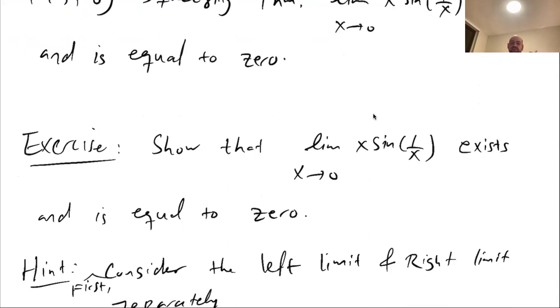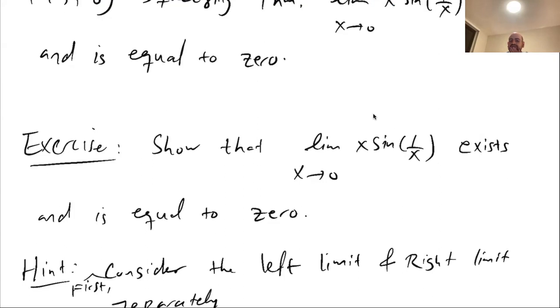So x could be either positive or negative. If x approaches 0 from right, x will be positive. If x approaches 0 from left, it will be negative. So that's why we have to consider two cases: right limit for the case where x is positive, left limit for the case where x is negative. So calculate each of these limits separately, apply squeezing theorem for each of these functions.